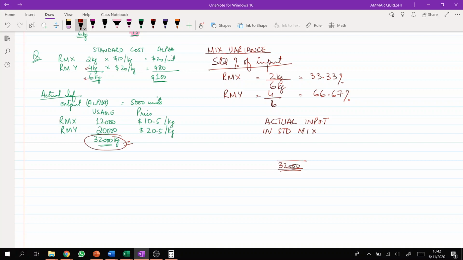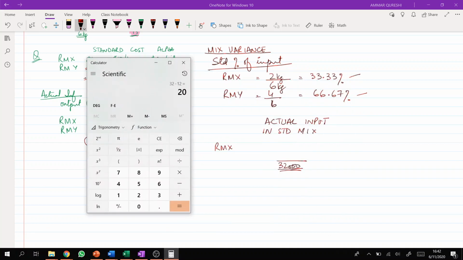So the standard recipe says that 33% should be X and 66% should be Y. So what should be raw material X in this scenario? Raw material X should be 32,000 times 33.33%.